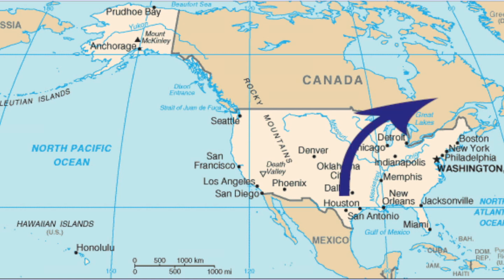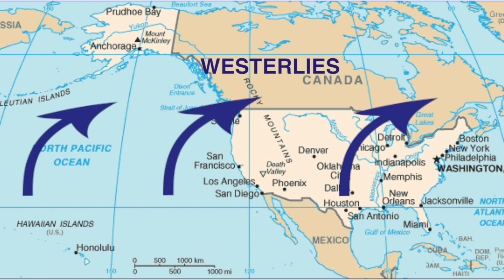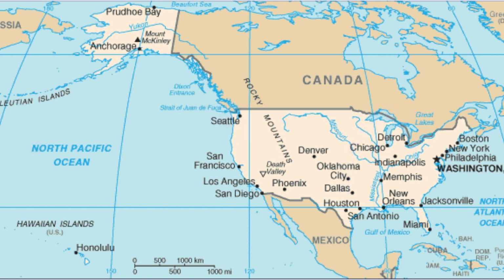That is to say, the prevailing winds over North America and the United States in particular proceed from the west, from the Pacific Ocean, across the continent to the east or toward the Atlantic Ocean. And this produces our typical weather patterns, which proceed in this direction across the continent.